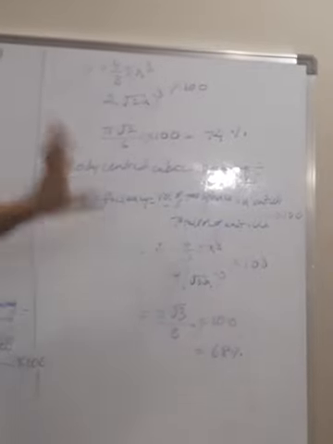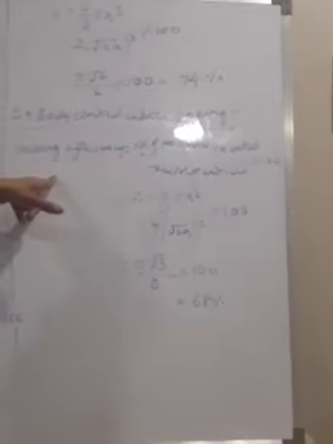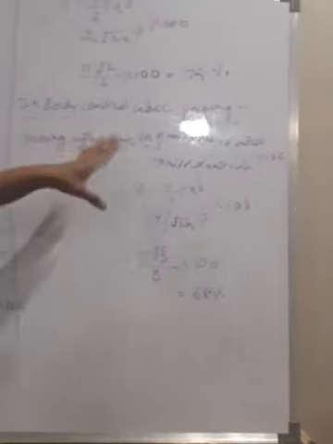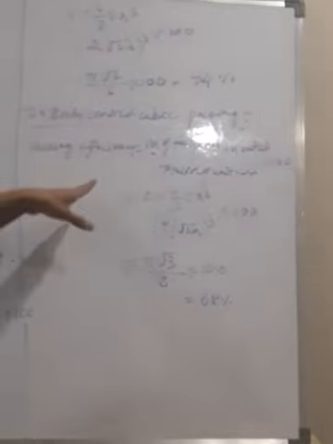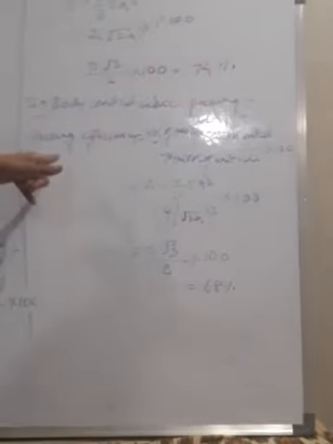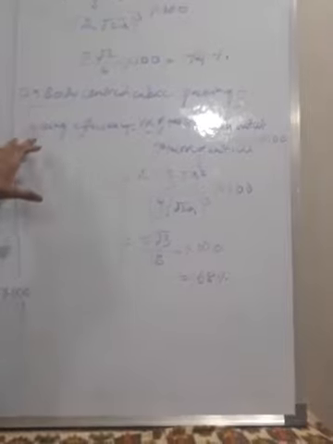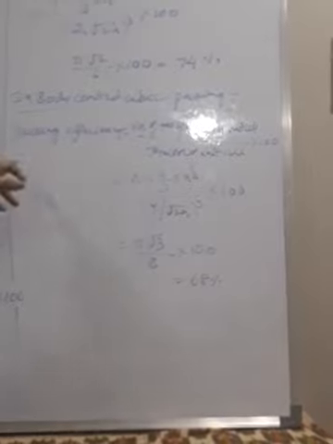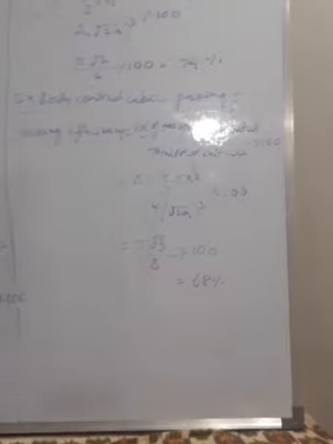Next, coming to body centered cubic packing. In body centered cubic packing, the formula of packing efficiency is the volume of 2 spheres in the unit cell by the total volume of the unit cell into 100. In a body centered cubic unit cell, the number of particles per unit cell is equal to 2. It contains 8 corner points and 1 body centered point.